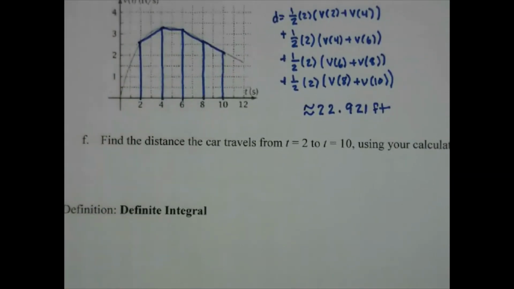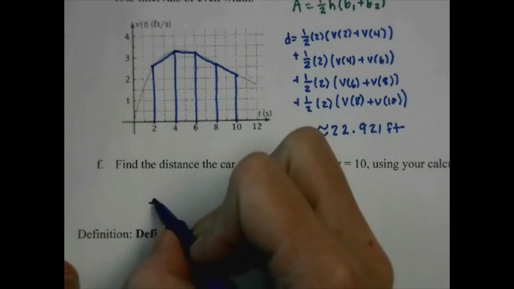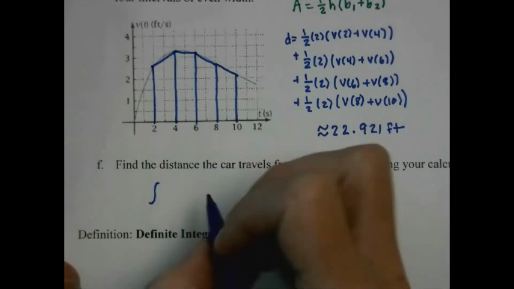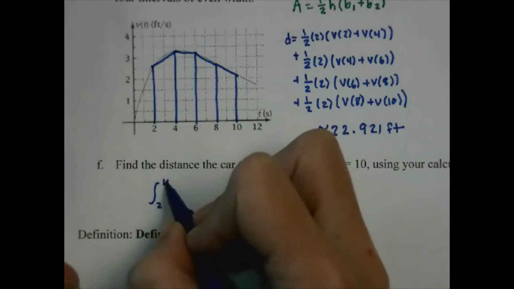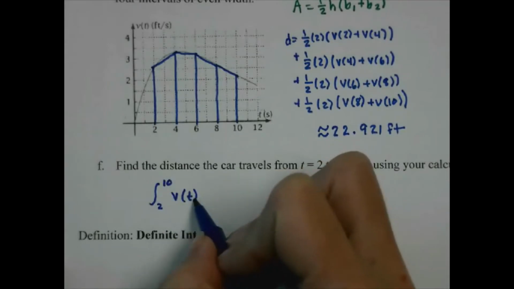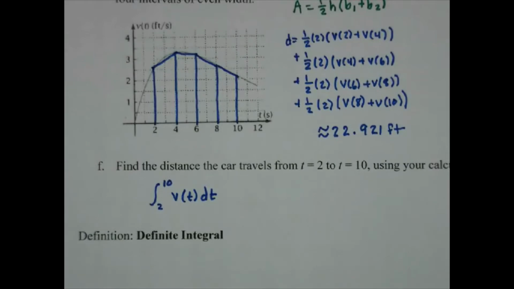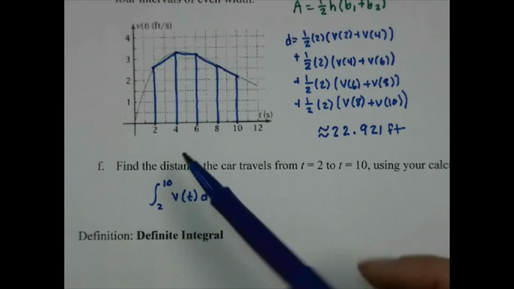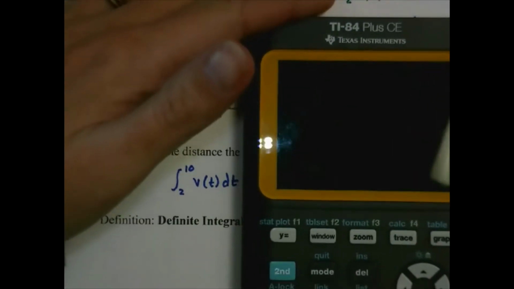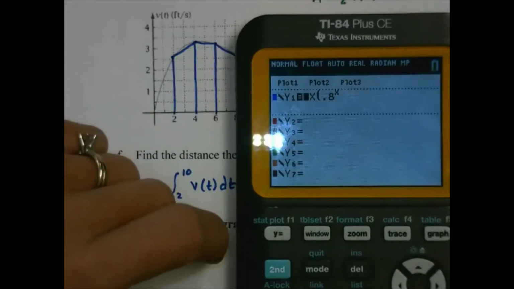Now there is a way to do this in your calculator. I'm going to share some notation and then we're going to define it and talk more in depth about it in a second. This is involving the integral from 2 to 10. This is what's called a definite integral. So we can do this in the calculator. This finds the area of v of t from 2 to 10. Remember that our function is stored in y1.